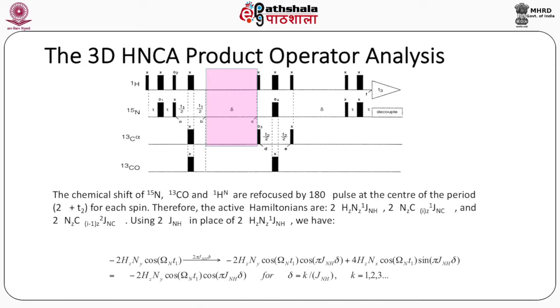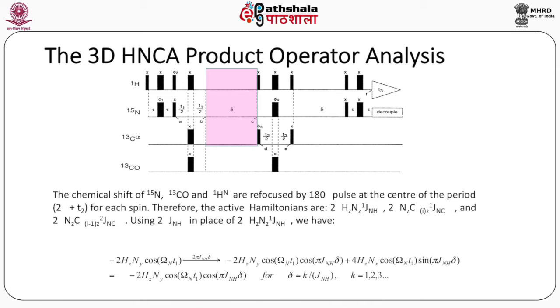Therefore, the active Hamiltonians are 2 pi Hz Nz 1J NH delta, 2 pi Nz C alpha Iz 1J N C alpha delta, and 2 pi Nz C alpha I minus 1 z 2J N C alpha delta. Using 2 pi J NH delta in place of 2 pi Hz Nz 1J NH delta for simplicity, we have minus 2 Hz Ny cos omega n T1.